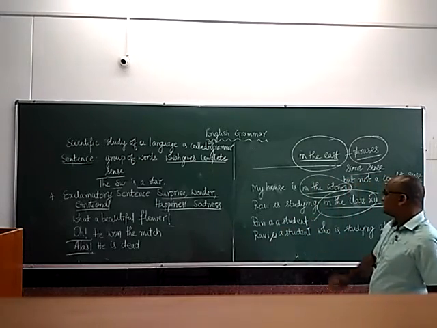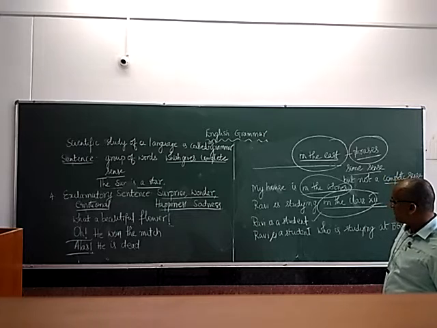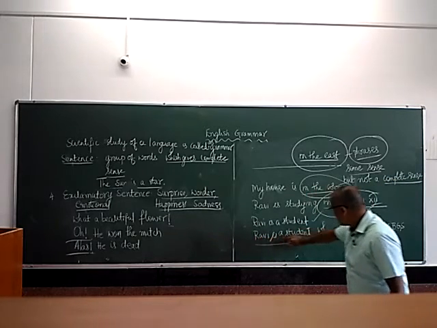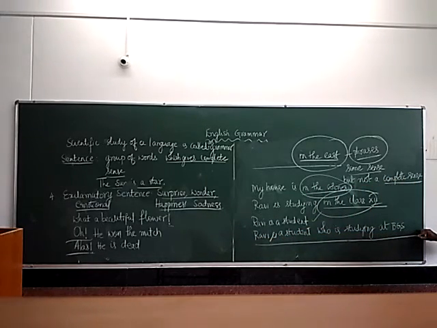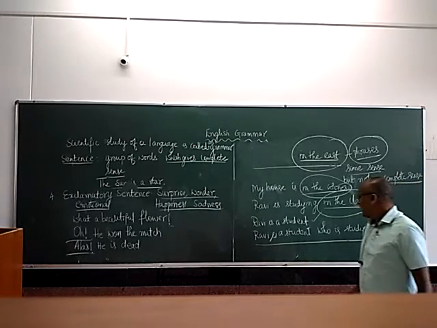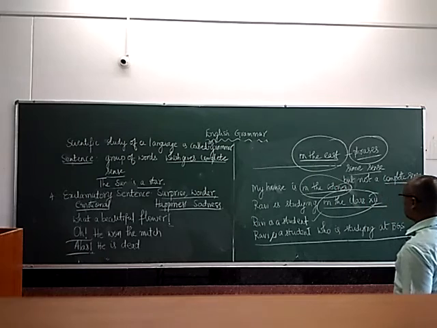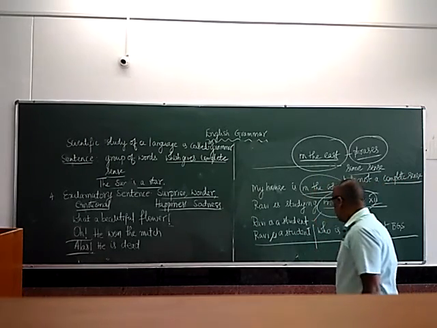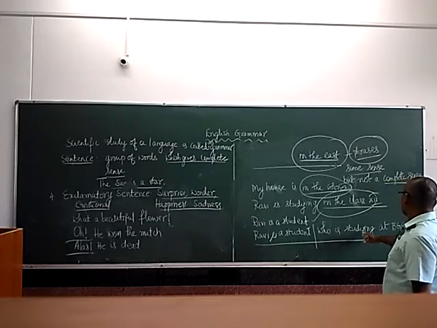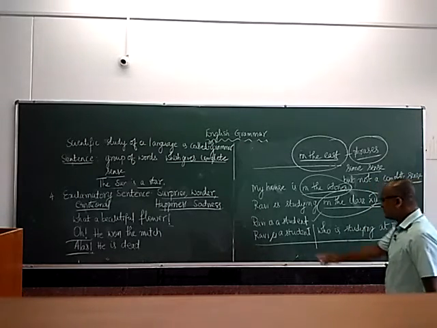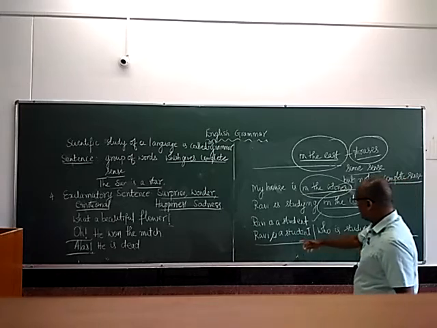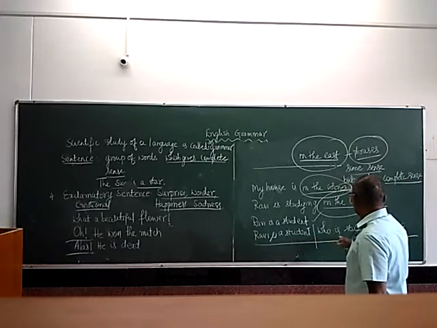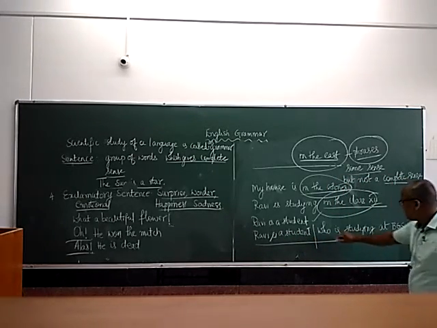It is a sentence because it is giving a complete sentence. Ravi is a student who is studying at BGS. It is also a sentence because it is going to give us a complete sense. But here there are two things. If you take this sentence and divide it, Ravi is a student is one part and who is studying at BGS is the other.